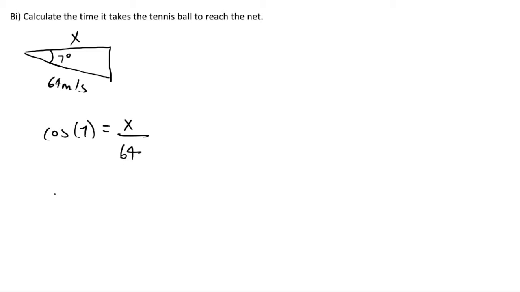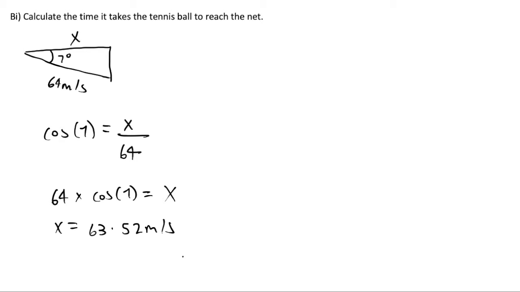Now rearranging, we get 64 multiplied into the cosine of 7 should give us our horizontal velocity. So let's put this into our calculator. We get something along the lines of x is equal to 63.52 meters per second, and that is our horizontal velocity.